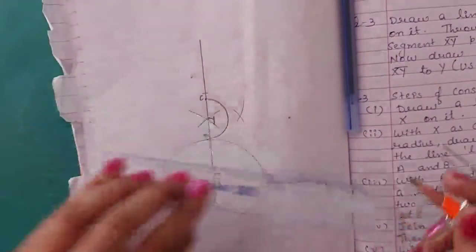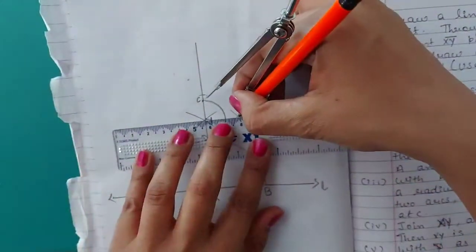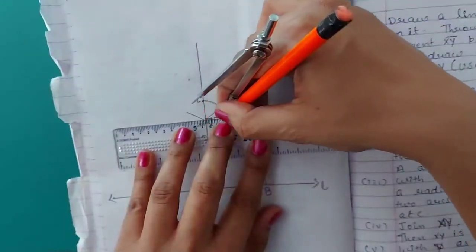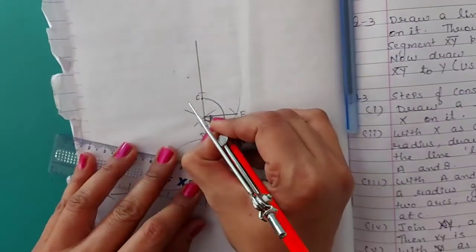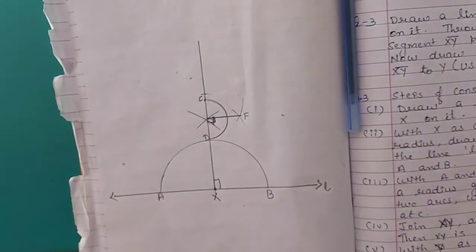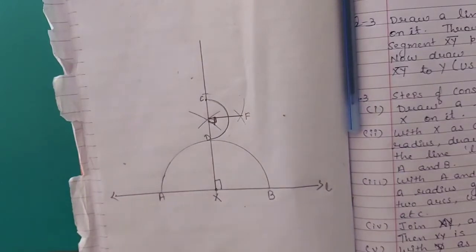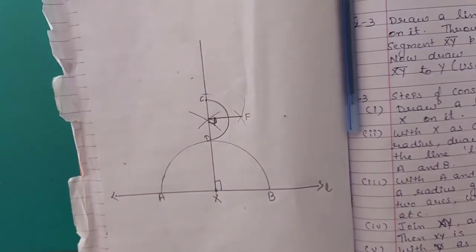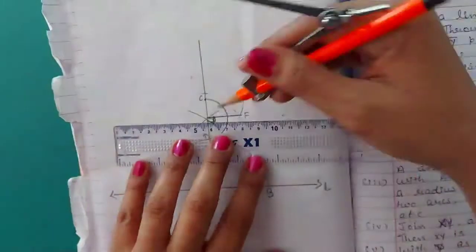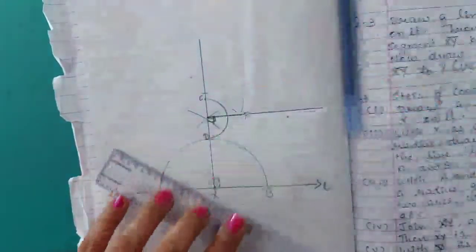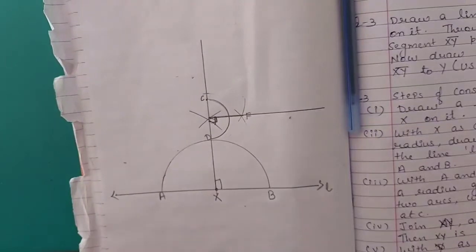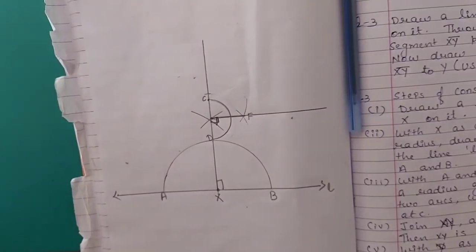Then join YF, label it as F. So again this is a perpendicular line segment. Hence we have drawn two perpendicular line segments with Y as a center. This is also a perpendicular line segment which we have labeled as F.